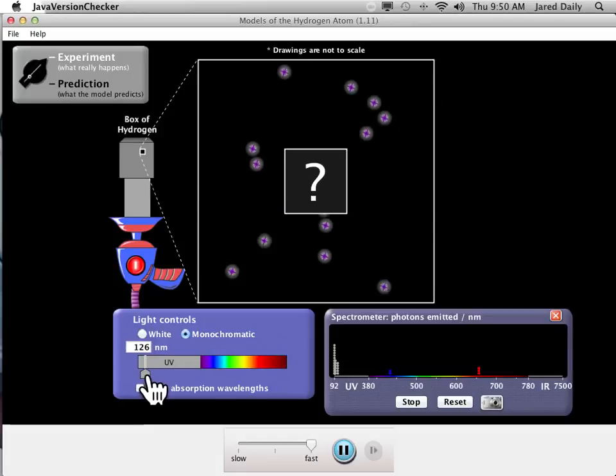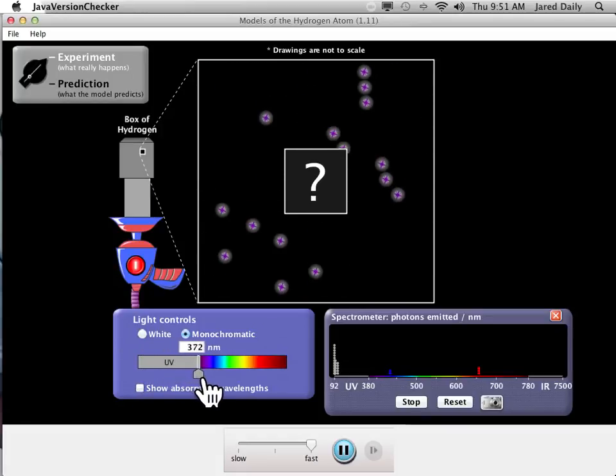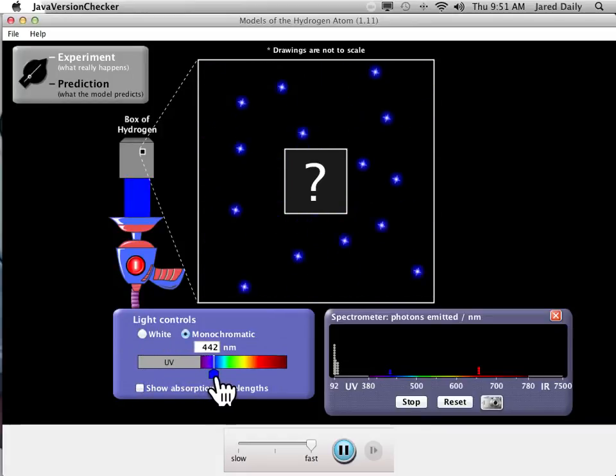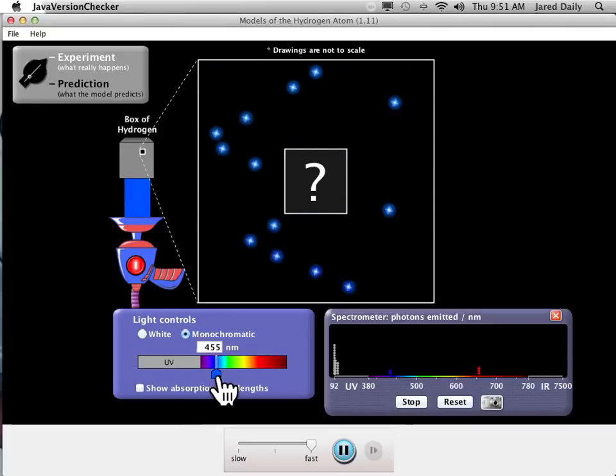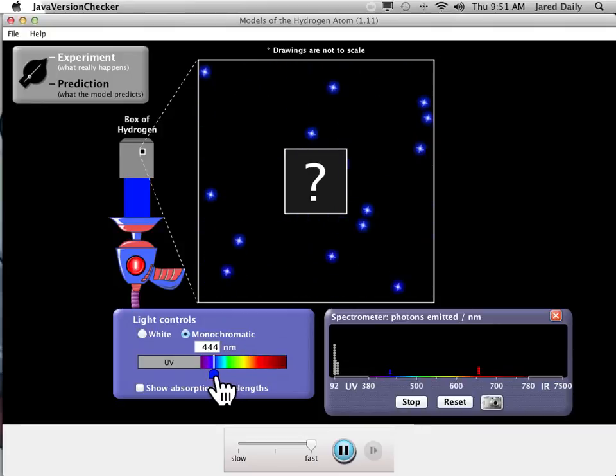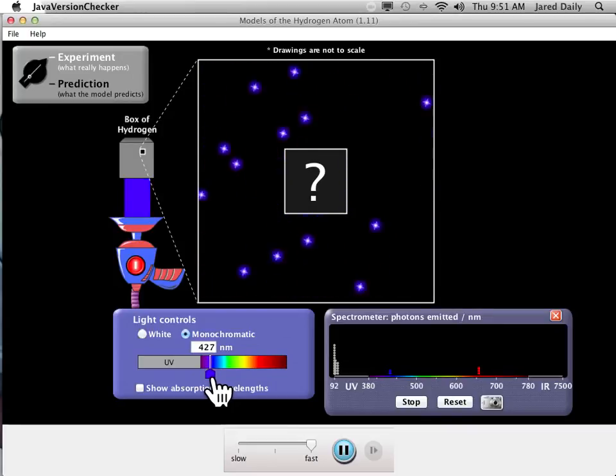When we move it across the spectrum, we don't get anything until we get to about 430 maybe.